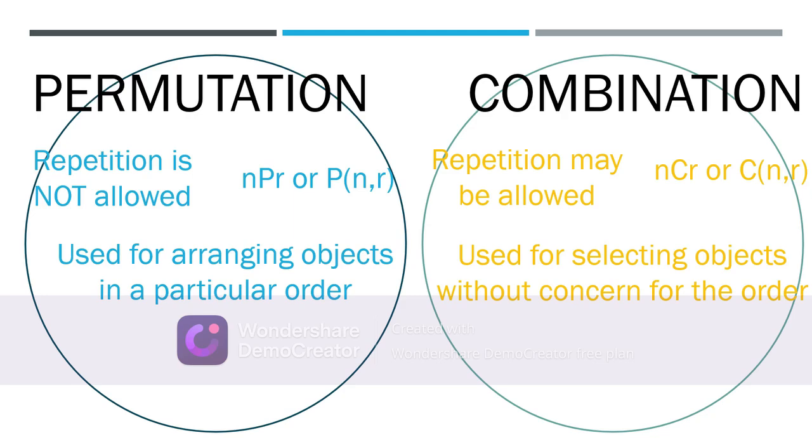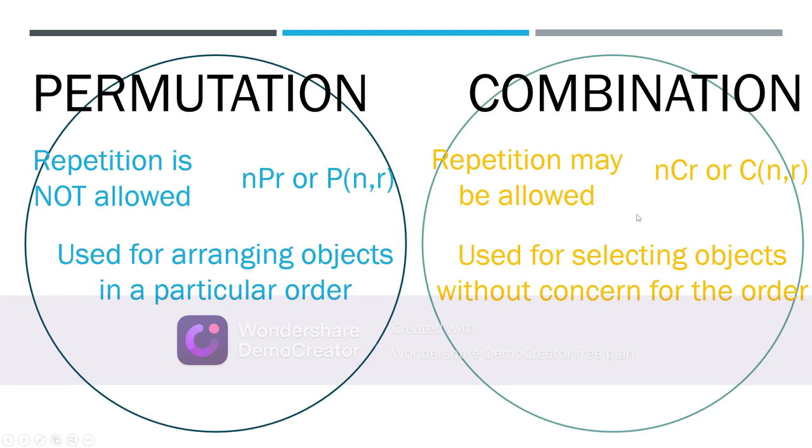For example, kung meron tayong three given things, let's say A, B, C. So, si AB, BA, BC, and CB, AC, and CA are under any permutation if they are treated different things. So, si AB, iba sa BA. So, dito, arranging objects in a particular order does matter. So, that is permutation.